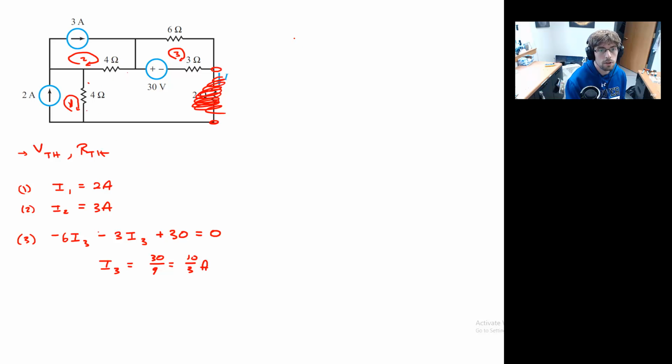Okay, so if I want VTH, I'm gonna have a jump here, so a jump of 4I1. I keep traveling along. I'm going to have a jump of 4I2. Keep traveling along. I'm going to get a drop of 30 volts. And then I'm going to get a jump of 3I3.